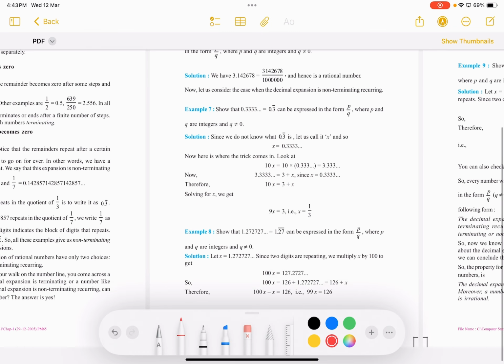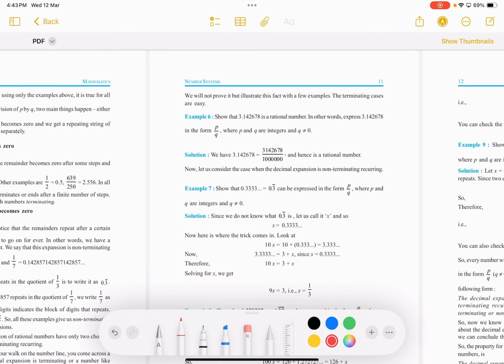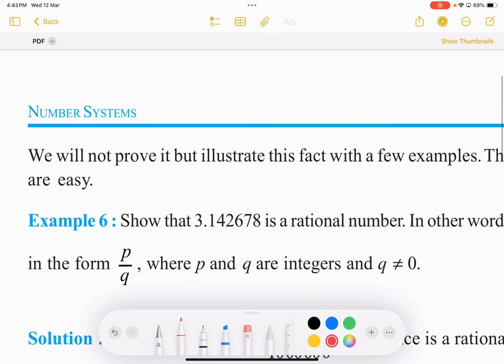Now, any number can be represented in the form of P by Q. This is very, very important. How will you represent this number, 3.142678, whether terminated or non-terminated, in the P by Q form? It is a terminated rational number.